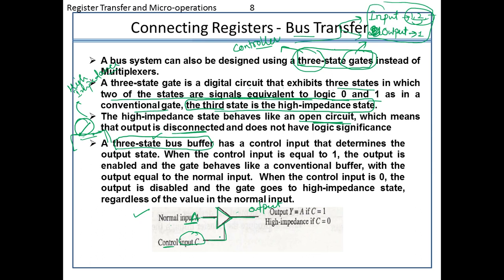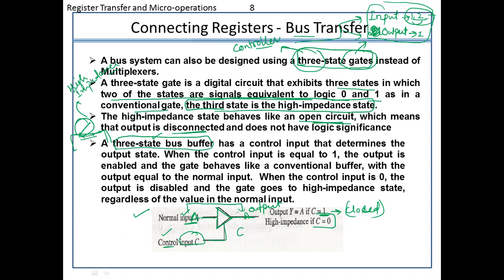So what this C is doing is that the entire flow of this input towards the output is now dependent on this control input. If the value of C is equal to 1, meaning the circuit is closed, if I say the key is actually closed, only in that case will this input A be transferred here as an output.